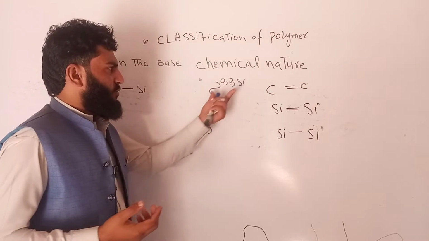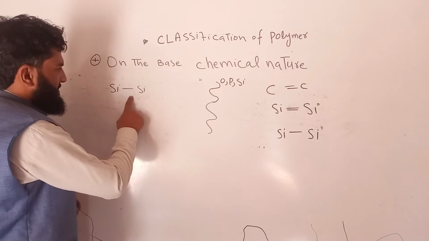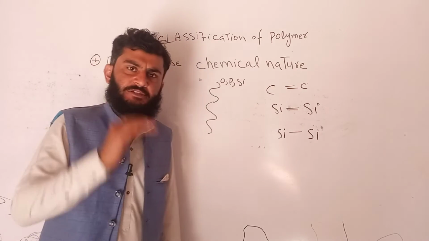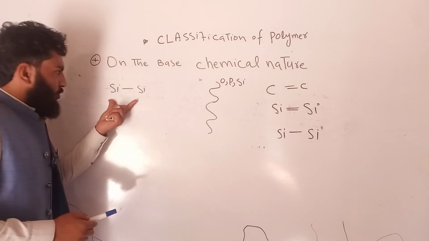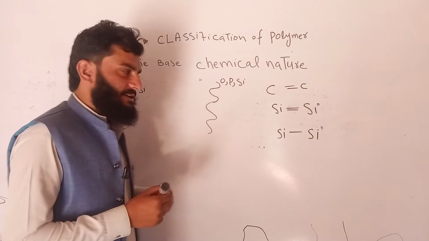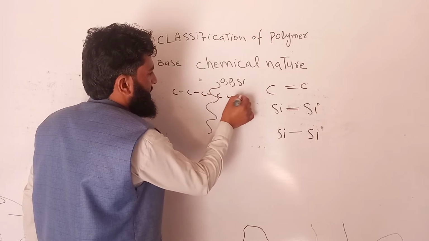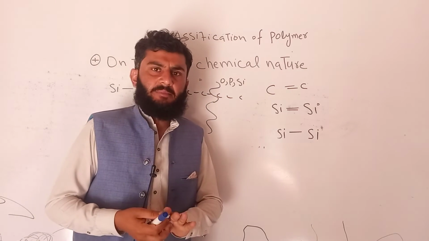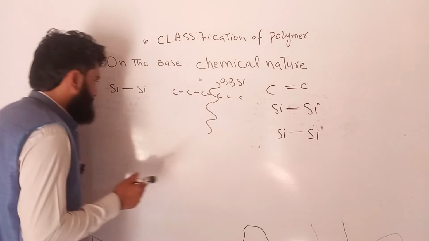Actually, we discuss silicon. You know that silicon belongs to group 4 and is situated below the carbon atom. Carbon can form single bonds with other carbon atoms, but silicon is unstable in long chain form.